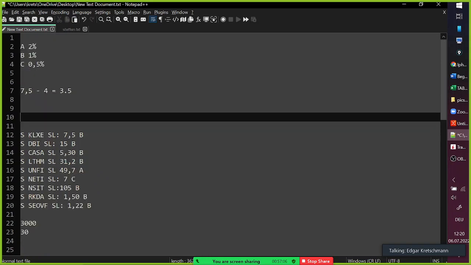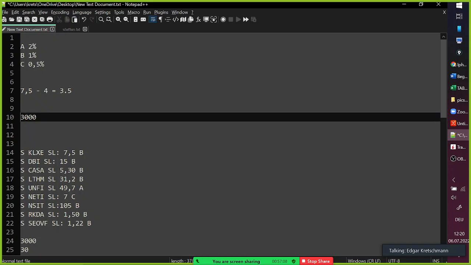Now we have a portfolio of $3,000, and I want to risk 1%. That's my risk. So what's 1% of 3,000? 300 is 10%. 30 is 1%.